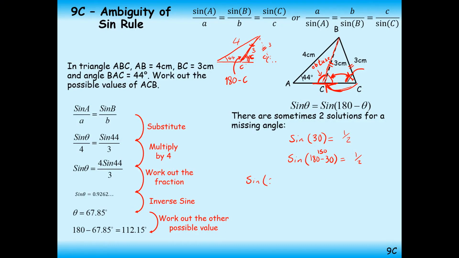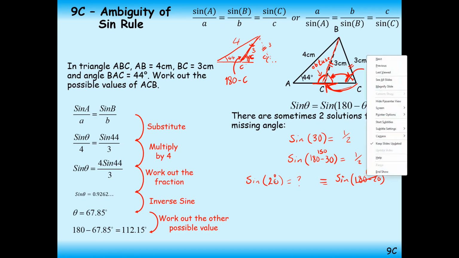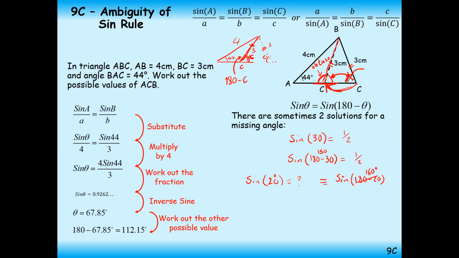Take 20. I don't know what it is, but I bet it's the same as sine of 180 minus 20, which is 160 degrees. We're working with degrees. So these two sines are the same. Notice I'm not saying angle 160 is the same as 20. I'm saying the sine is the same. Notice the difference.